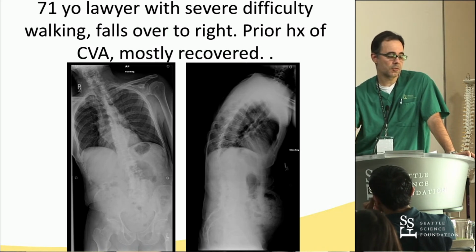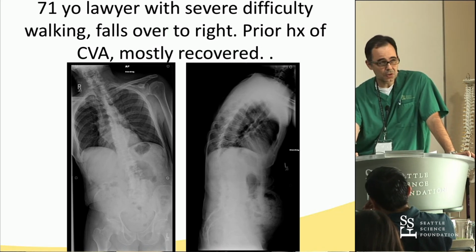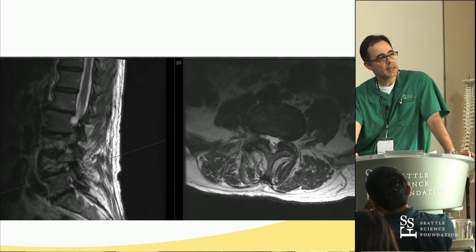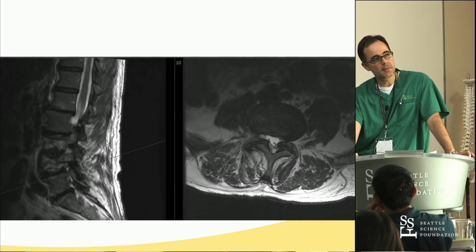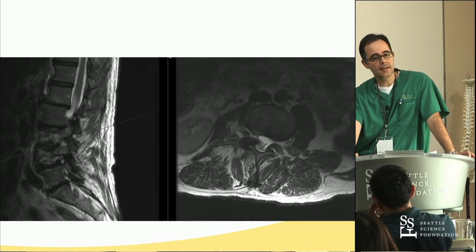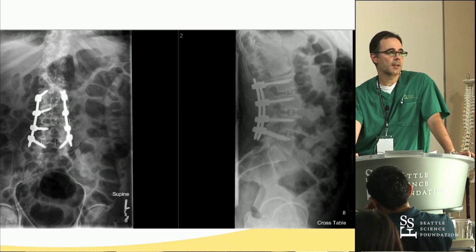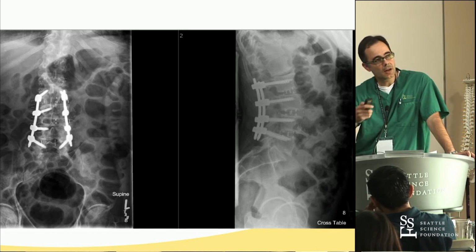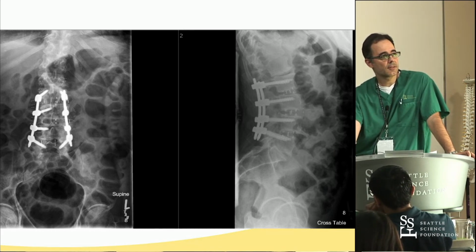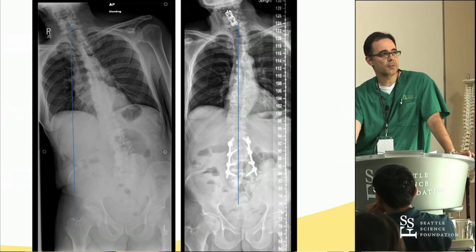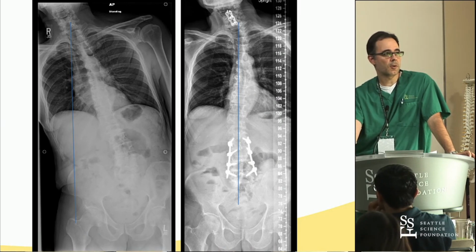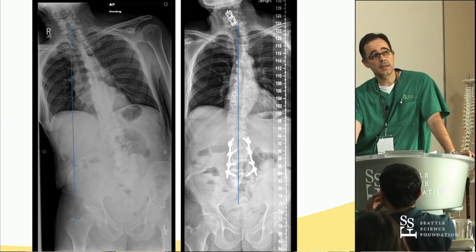So I was trying to come up with ways to do something smaller. He had some foraminal stenosis, but it wasn't horrific. So I thought he was a good candidate for a MIS percutaneous procedure. So he had OLIFs from the oblique trajectory with perc screws posteriorly, and these are his before-after shots showing the dramatic coronal improvement.